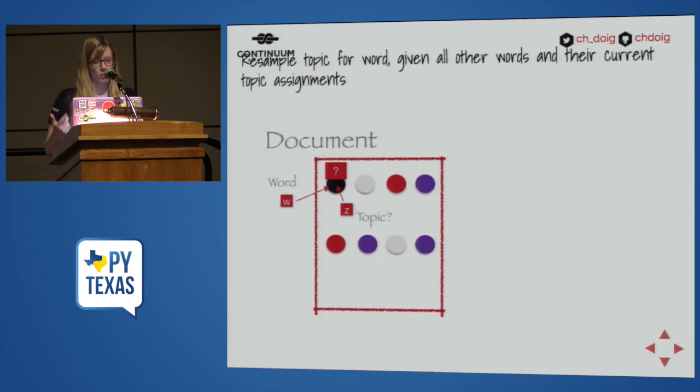And then we're going to resample for each word in each document and ask what should be the assigned topic for it, seeing all the other documents, all the other words in them, and all the other topics.